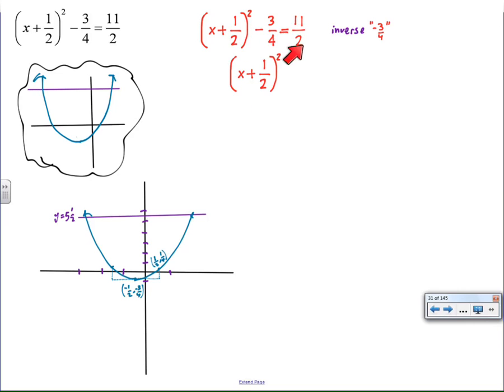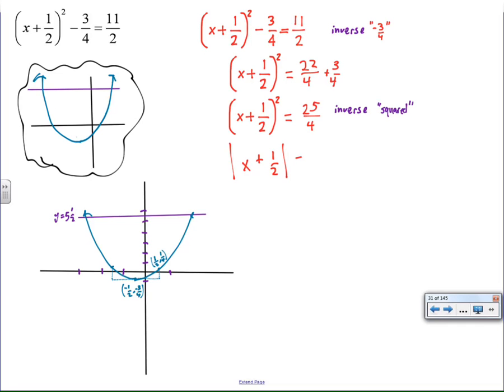So back to the algebraic approach, I'm going to inverse subtract 3/4, which is add 3/4 to both sides. And I wrote 11 as 22/4, so that gives us 25/4 on the right-hand side, which happens to be a perfect square. So now when I inverse the square, I get the absolute value of x plus a half, and then I get the square root of 25/4, which is 5/2, since 5/2 times 5/2 equals 25/4.